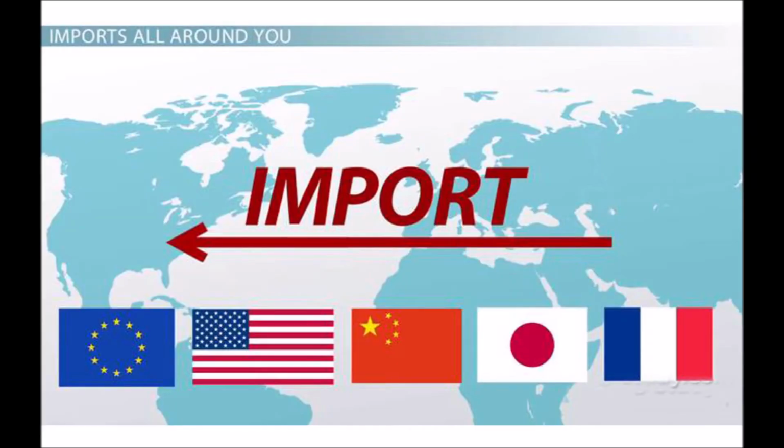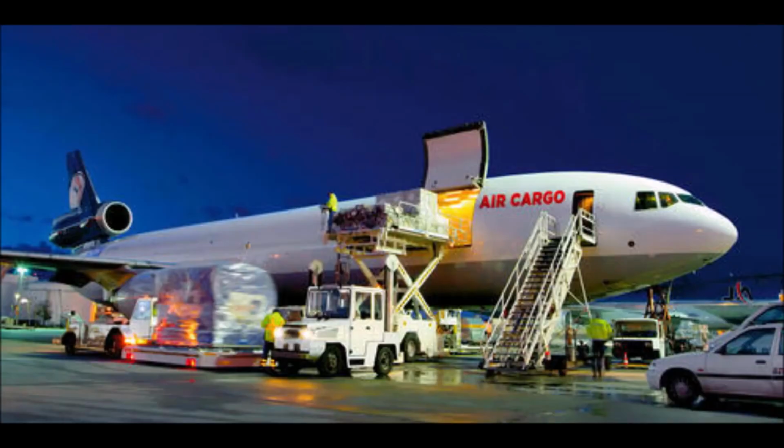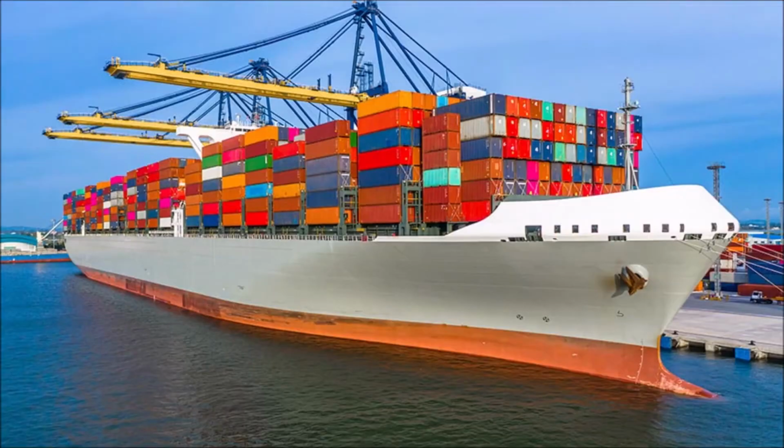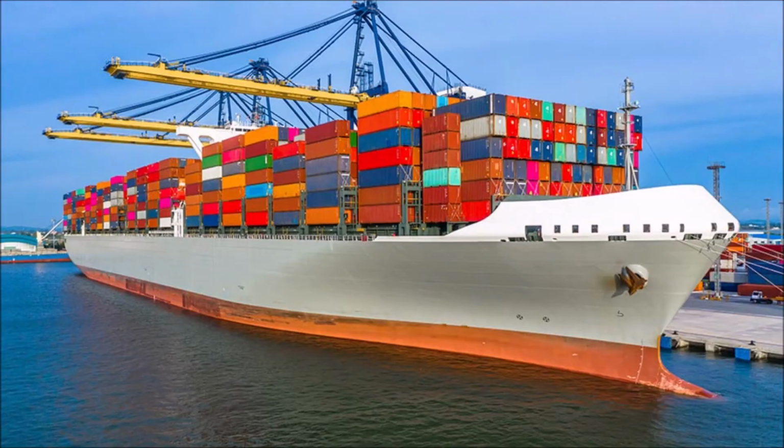In the importing country also, customs clearance is required. What are the modes of shipment? There are two main modes of shipment for exports. One is by air and another is by sea. Why we prefer air and why we prefer sea, we will discuss in detail in other parts.